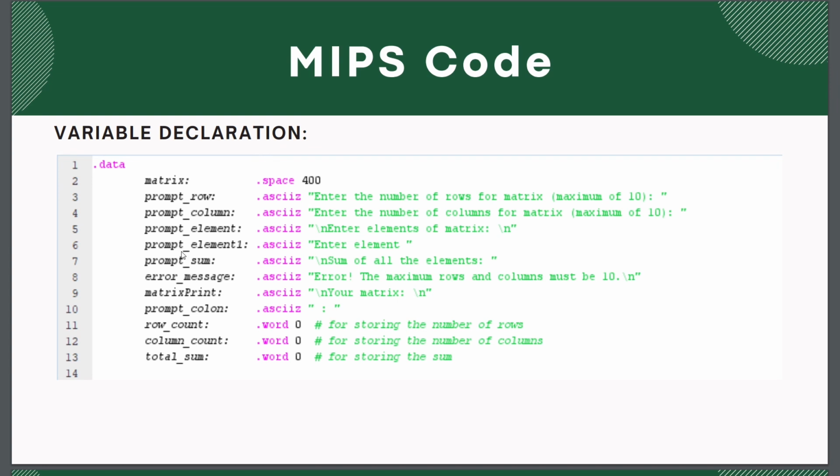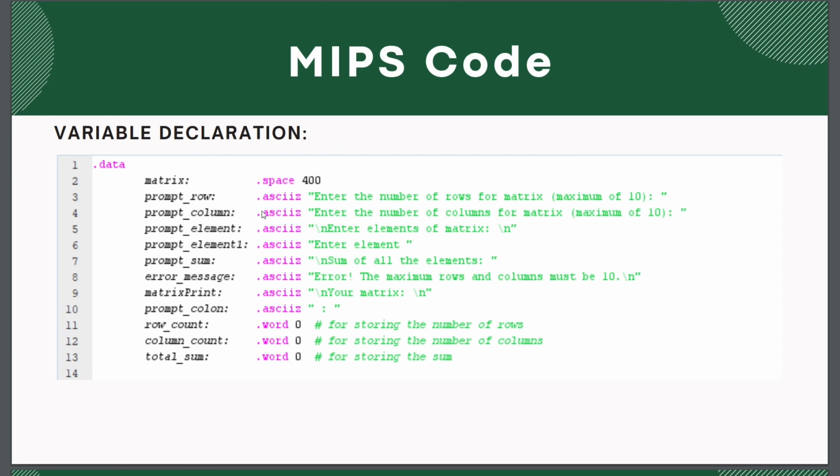Next, we have our string variables. It uses the .asciiz directive, followed by the string which we want to print out, such as the prompt for rows, the string 'enter the number of rows for matrix maximum of 10', and then the prompt for columns, the number of columns for matrix maximum of 10.